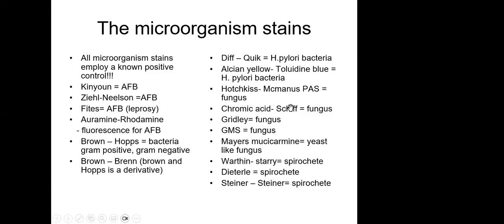So we've got the chromic acid Schiff, which is just like your periodic acid, except that you're going to coat that fungus with the chromic acid, oxidize it out, instead of periodic acid, but it's the exact same protocol, just with chromic acid as opposed to periodic acid.